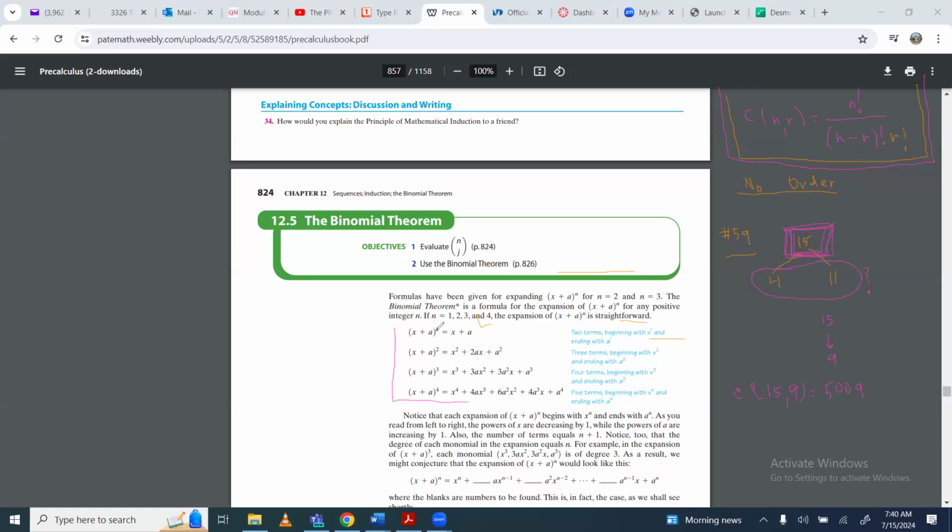So if you're taking the sum and raising it to the power of 1, or to the power of 2, then you simply multiply this x plus a with itself. Because square means multiply it twice.